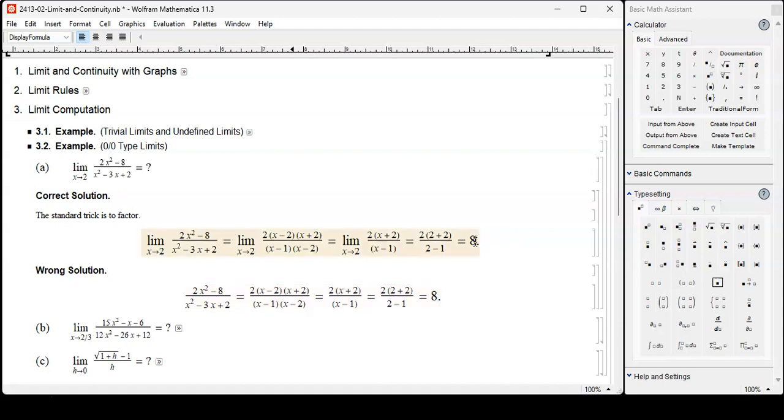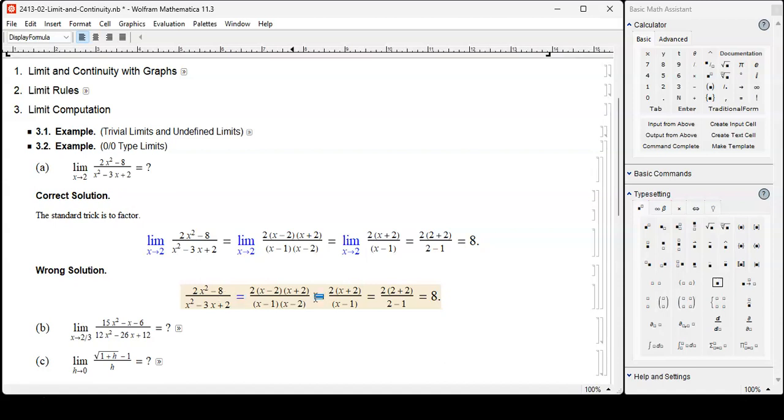Here, we have a limit expression, which is just highlighted in blue. Down here, no limit expression. The first equality is okay. I just factored.